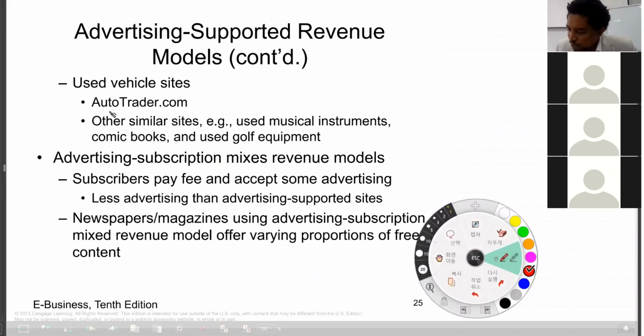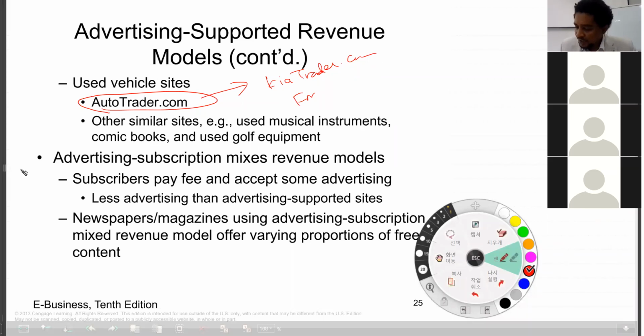And as I've said, auto traders are general. But if you focus, like a Kia trader .com, or a Ford trader or Hyundai trader, it would be more advantageous to have a high rate of advertising payment.